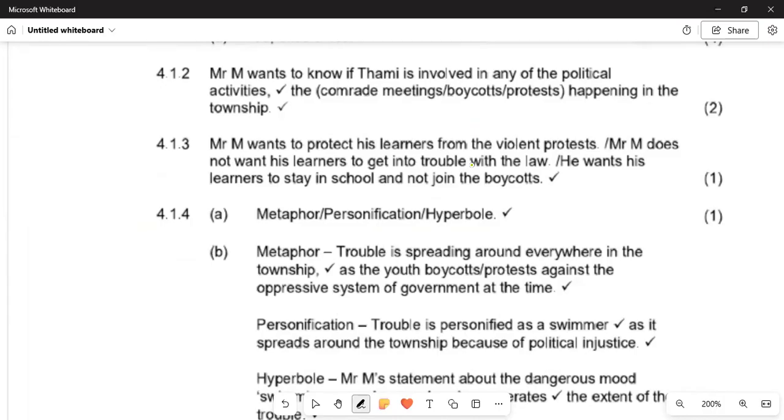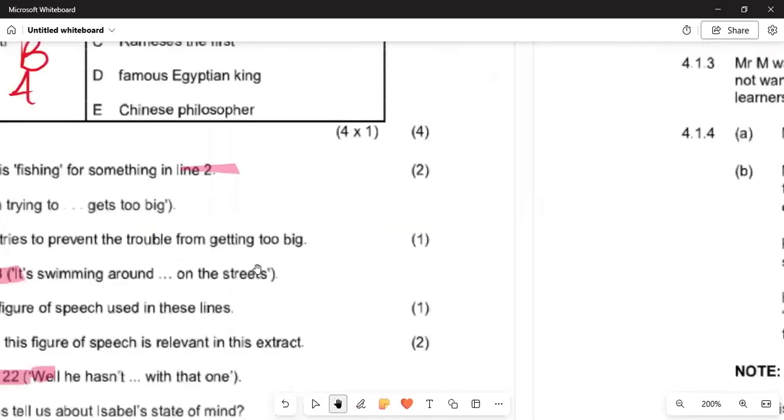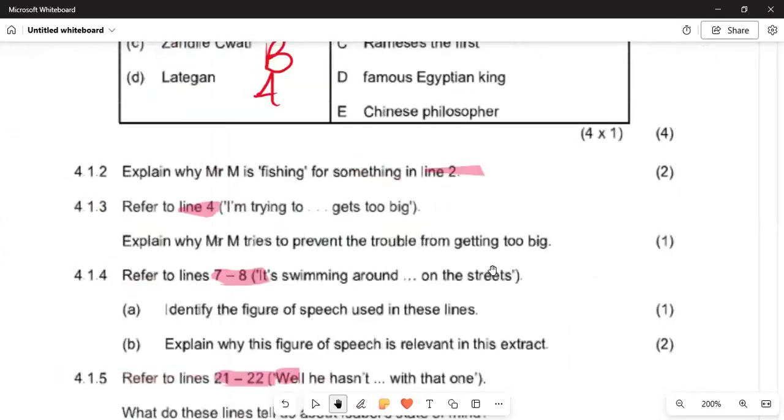Then I would want us to go on to question 4.1.3. In 4.1.3, they say refer to line 4. Can we refer to that line 4 so we can understand it properly? Line 4, I have highlighted it. "I'm trying to catch it before it gets too big."